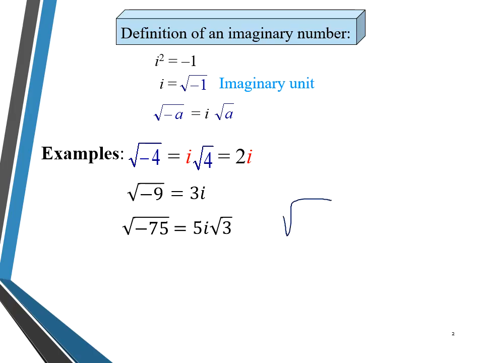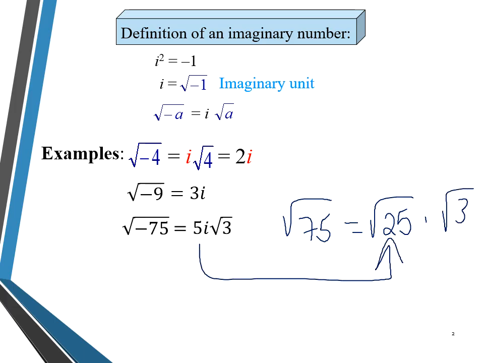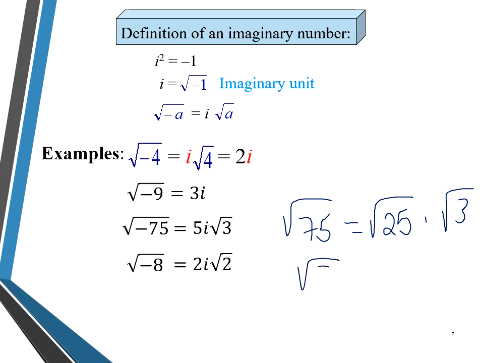The square root of 75 is the same as the square root of 25 times 3, and that's how we got the 5 from the square root of 25. Now the square root of -8 is 2i square root of 2. Similarly, the square root of 8 is the same as the square root of 4 times the square root of 2.